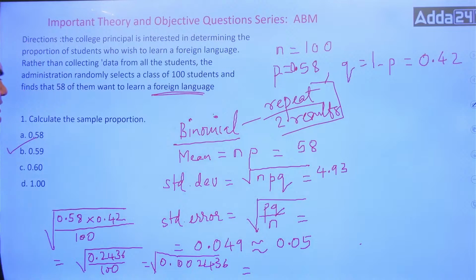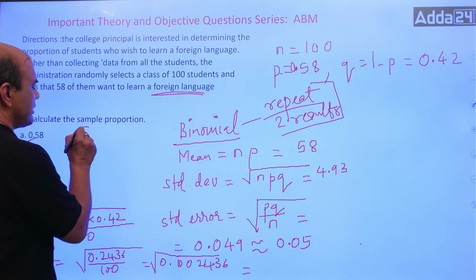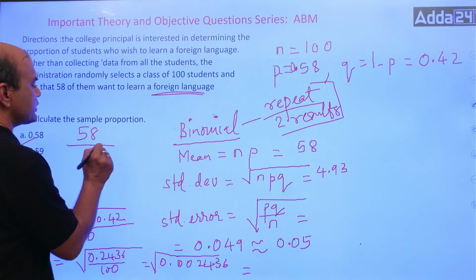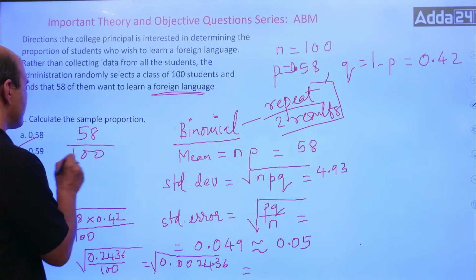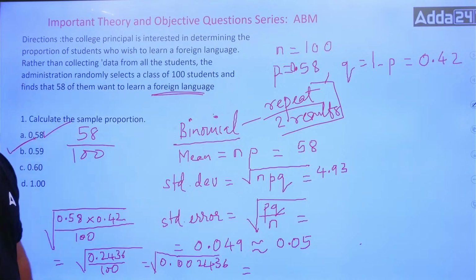Sample proportion means the success, 58, divided by the number of students, 100. So it is 0.58. So the answer is A, not B. This B I have marked, that is wrong. Okay, 0.58 is the sample proportion.